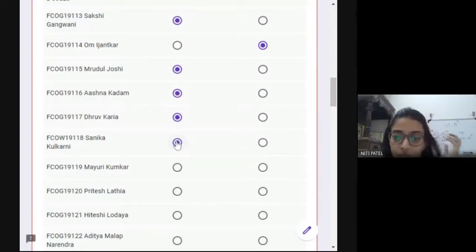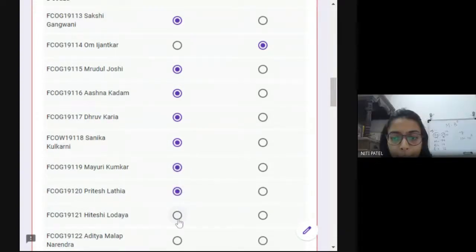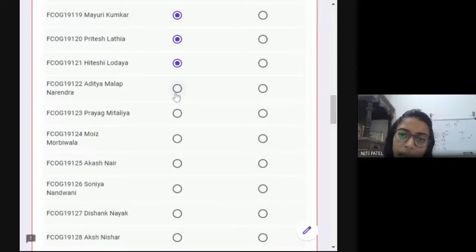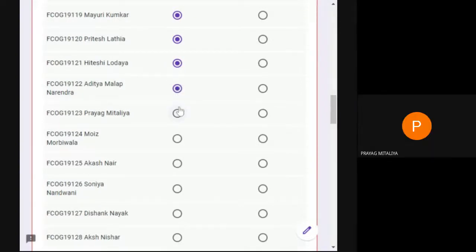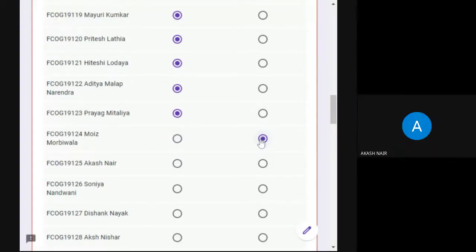Mayuri, present, ma'am. Pritesh, present, ma'am. Hiteshi, present, ma'am. Aditya, present, ma'am. Prayag, present, ma'am. Sonia, present, ma'am.